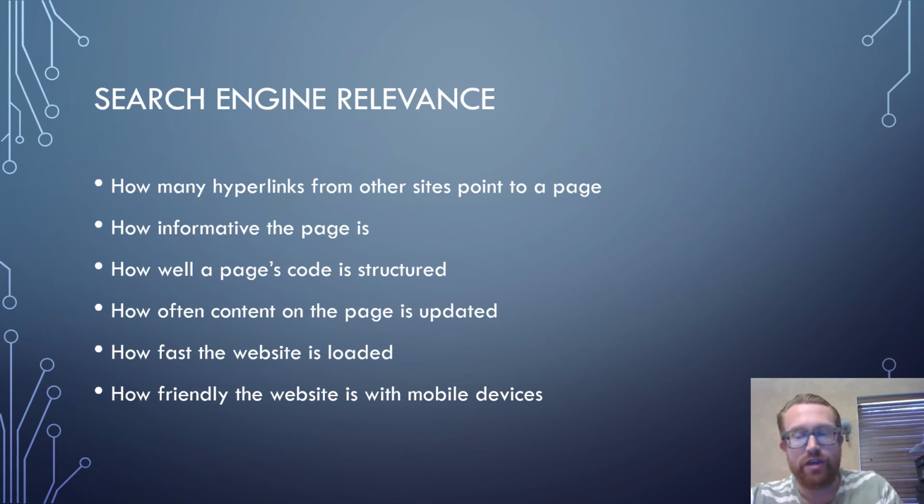So in order to get search engine relevance and increase your SEO, you need to do the following. Okay, this is not a complete list, nor is it 100%, but this is just some techniques that the text provides. First is how many hyperlinks from other sites point to a page. So if you have other websites that link to your page, that's great.